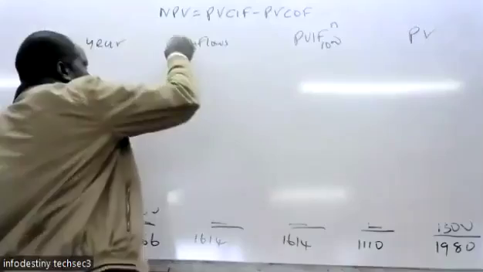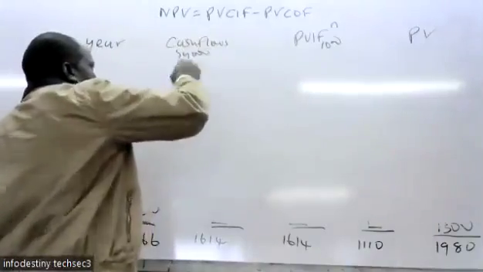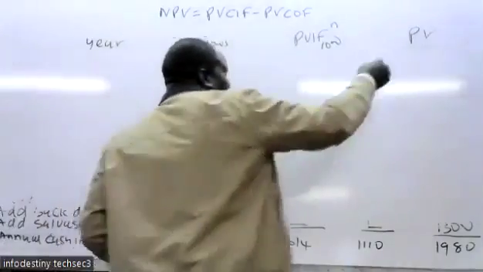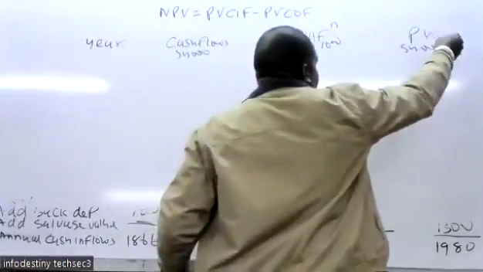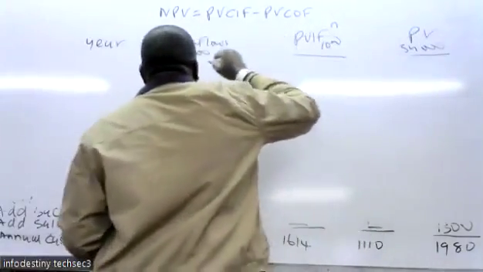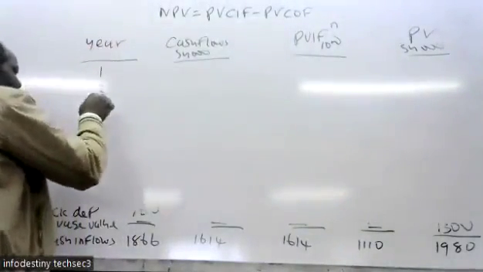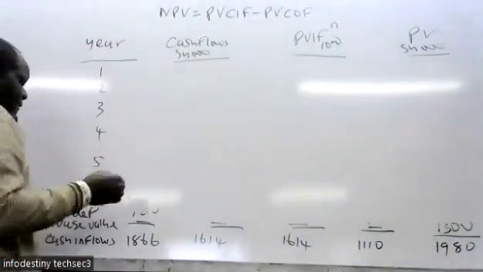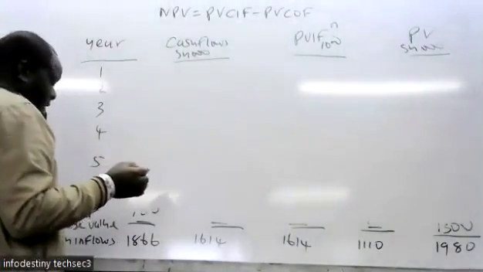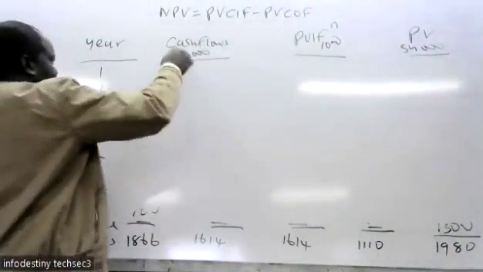I had reduced those figures by 3 figures. So year 1, 2, 3, 4, up to year 5. Year 1 it is 1866.